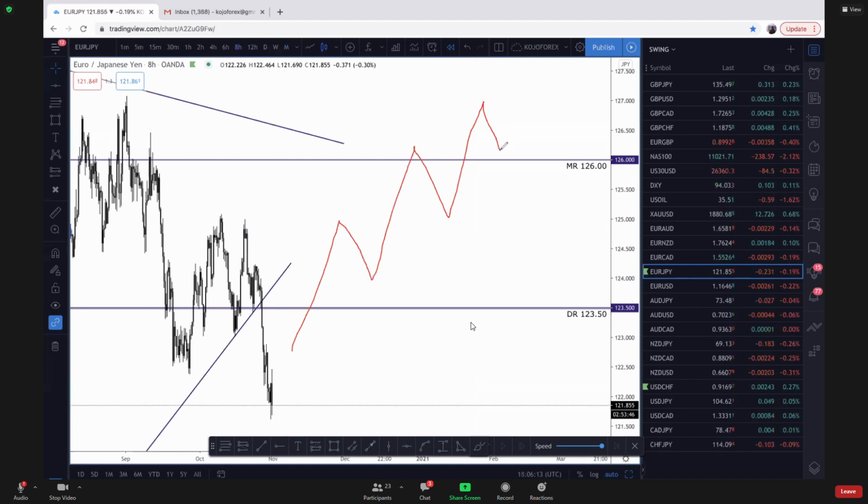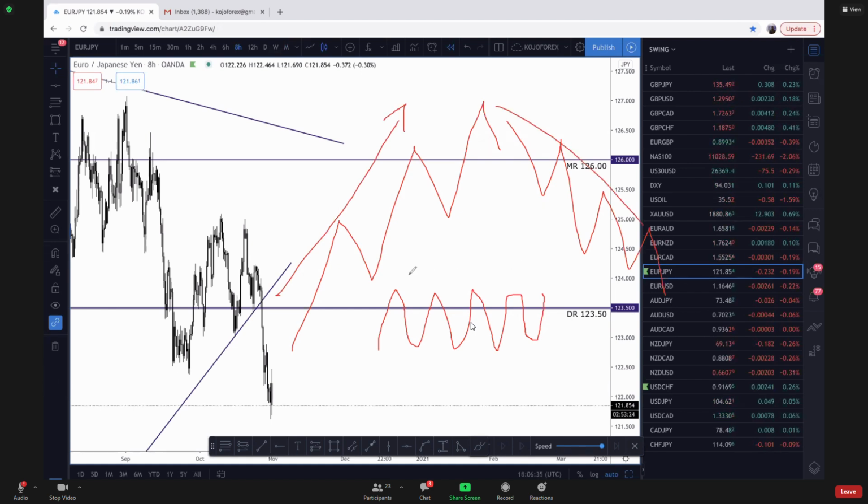Up, down, up, down. Basically, these are the three main market stages: either it's in an uptrend, a downtrend, or consolidating.